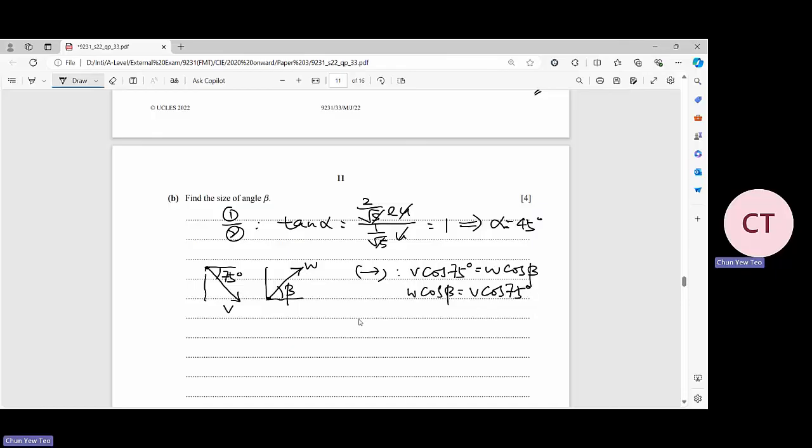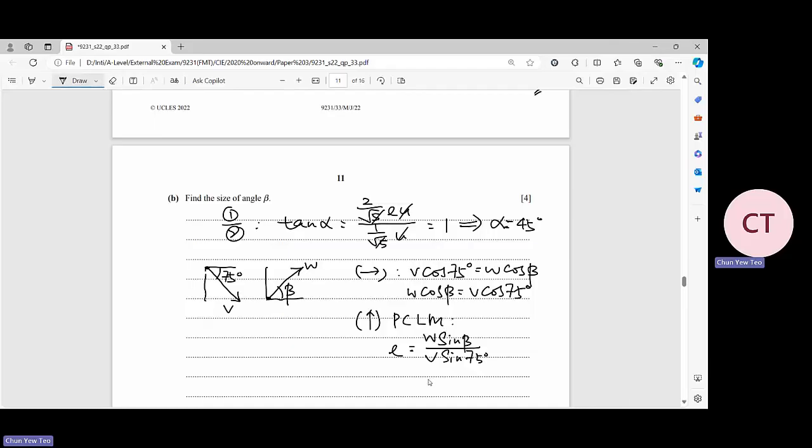Then if you consider the vertical, it will involve the principle of conservation of linear momentum. Then you will have e is equal to W sine beta over V sine 75. Okay, so this is what we have.